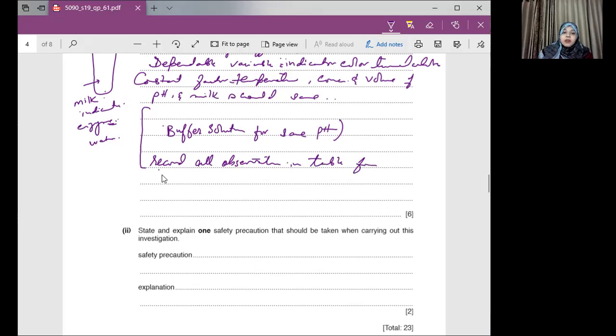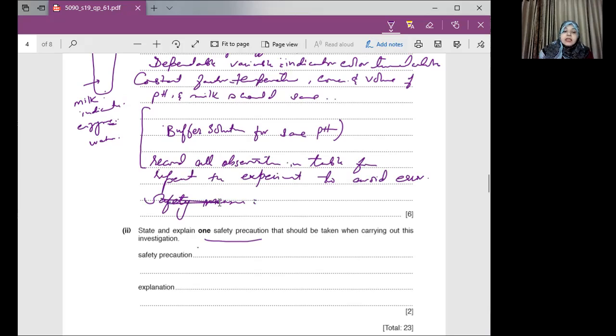Repeat the experiment to avoid error, right? Then you have to write down one safety measure on the safer side. Here we cannot write the safety measure because the next question is related to safety measure.